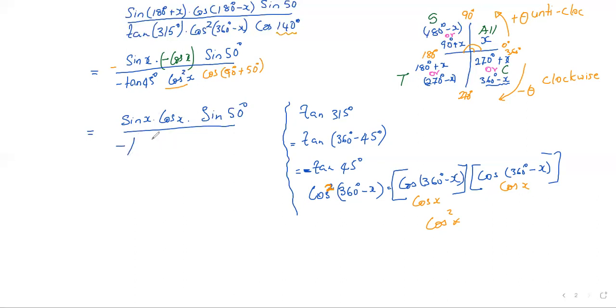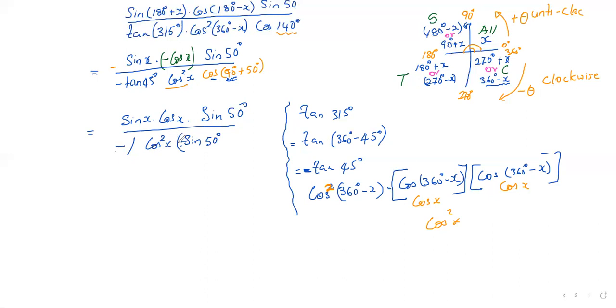The cos squared x and the cos of 90, an odd multiple of 90. This ratio must change to the co-ratio, which is the sine. Cos 90 plus 50 is in the second quadrant, cos is negative there, so that becomes negative, the sine of 50.